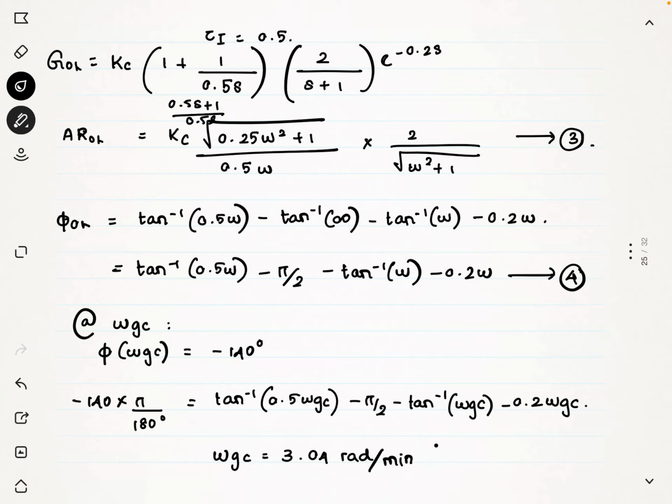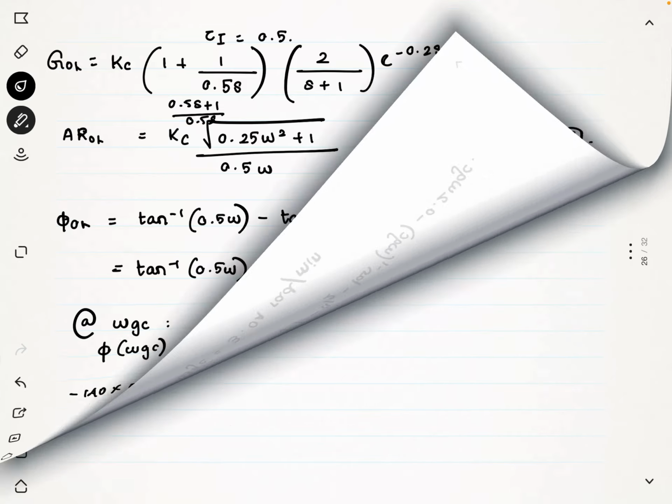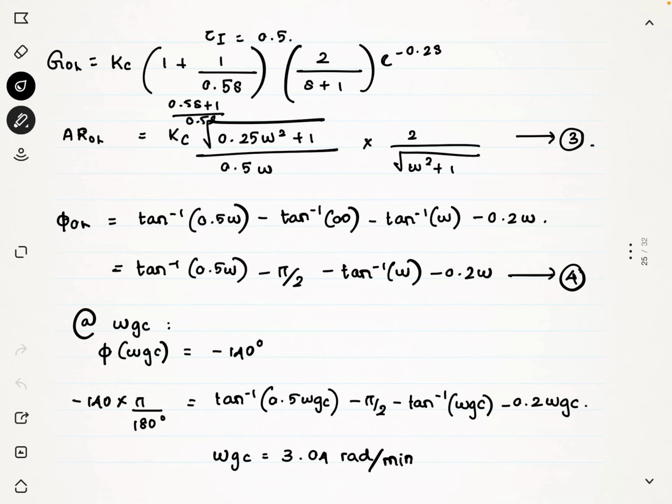And we know that at the gain crossover frequency, the amplitude ratio will be equal to 1. So because now we know the gain crossover frequency, we know the equation for the amplitude ratio, and the only variable in that equation was Kc, which was the unknown term for the second subdivision problem.